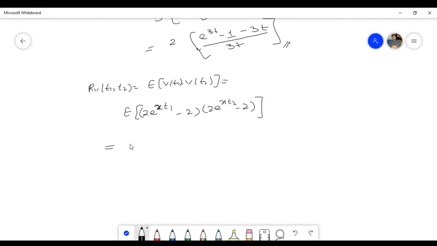Okay, if I take 2 common outside, it will be 4 expected value of e power x t1 minus 1, e power x t2 minus 1.